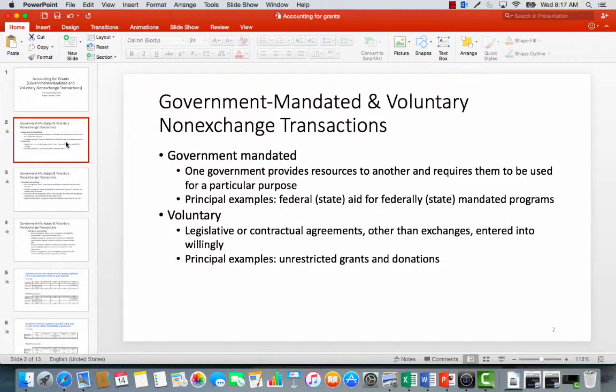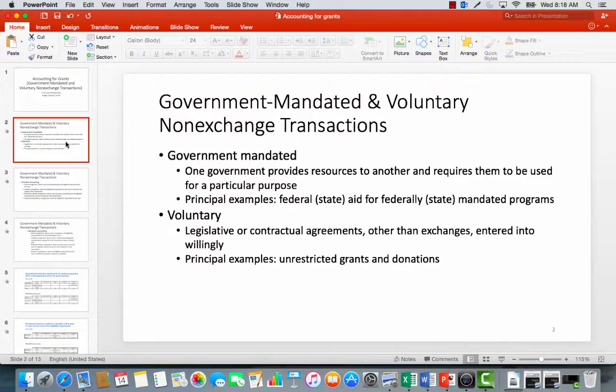So these often take the nature of a legislative agreement or a contract with another government, and so grant aid is being provided. The recipient of the grant is going to do something in return, but unlike government-mandated grants, where the recipient has to do this thing, whether they want to or not, in this case, they're choosing to do it.